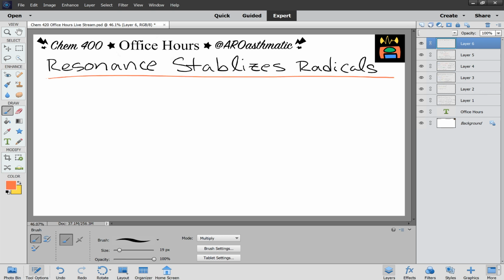Here's how. If you form a radical next to a double bond, we can draw a resonance structure where we take this one electron, represented by the fishhook arrow, and one electron from that double bond to draw the following resonance structure.